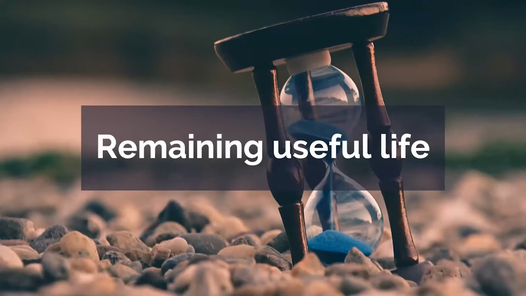Another key piece of information to track in your inventory is the remaining useful life, because this is going to help you budget for capital improvement and maintenance. Recognize that age is an important factor, but it's not the only factor that's going to play into remaining useful life.